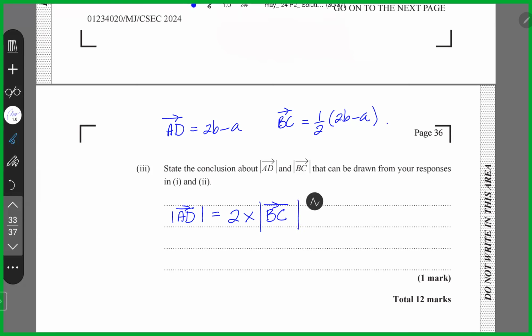You can see AD is actually 2 times BC, or BC is a half of AD. Therefore, the magnitude of AD is 2 times the magnitude of BC.